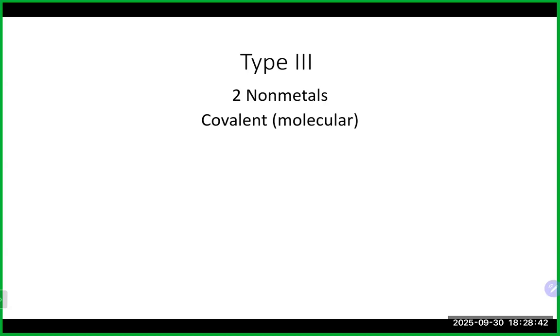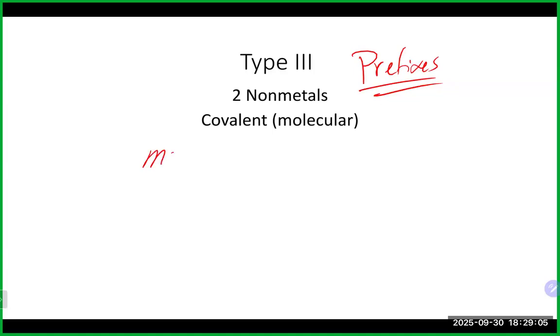I think I'm going to do this. We're going to go to type 3 compounds, speaking of prefixes. Type 3 compounds are different. They are covalently bonded together. They're sharing electrons. And speaking of prefixes, this is the place where prefixes are used. So we do use prefixes here with type 3.